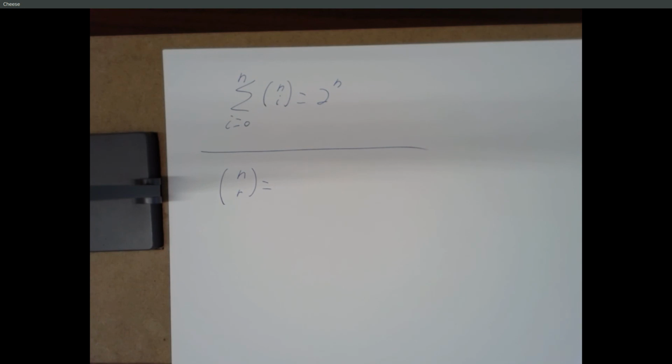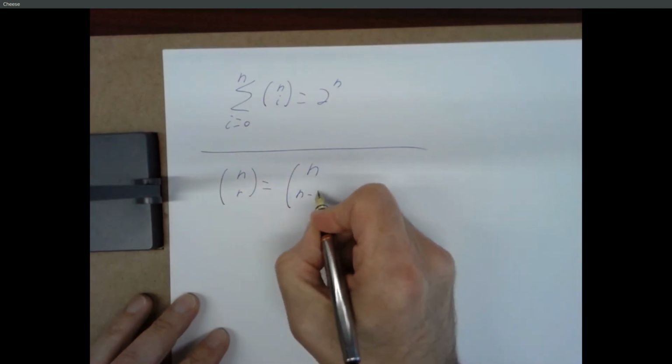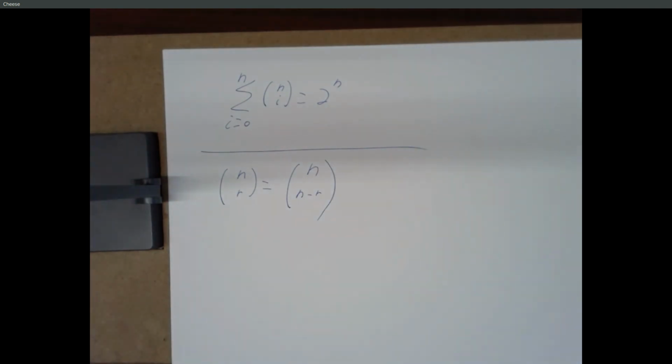If I have 8 bits and I've chosen 3 of them, I've automatically chosen 5 of them also. I've chosen 5 that I'm not going to pick. So by picking 3 objects out of n, I've also picked n minus 3 objects that I'm not going to select. And so this has got to be equal to this, just from a logical argument.